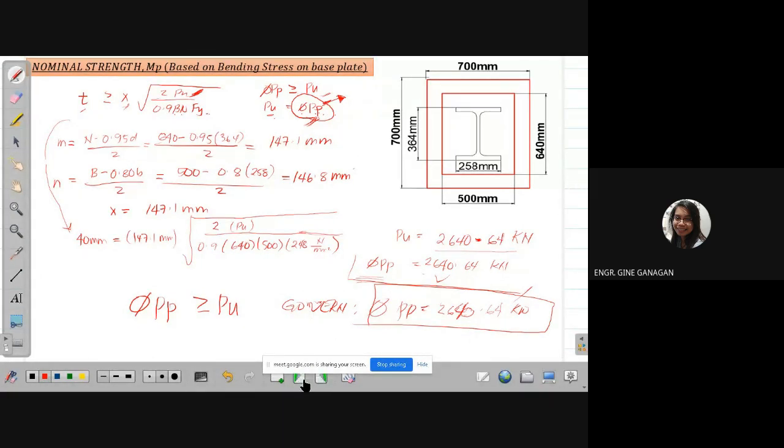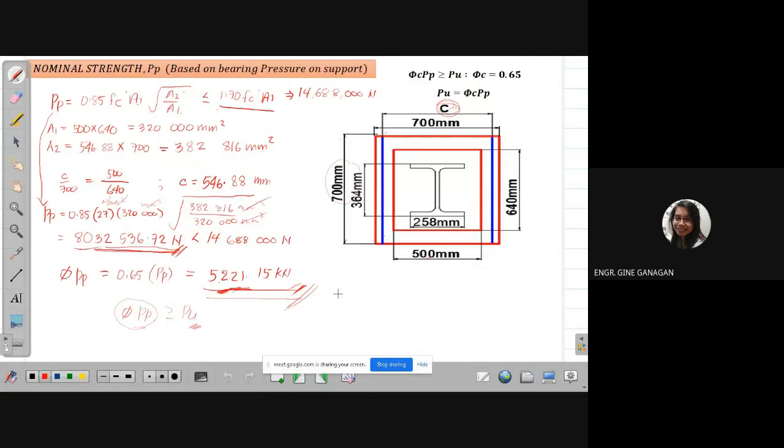Yung bearing sa support. Okay? So yung mag-govern is yung mas maliit. So yung answer natin for number 2 is 2640.64. So yan yung mag-govern sa ating problem for number 2.